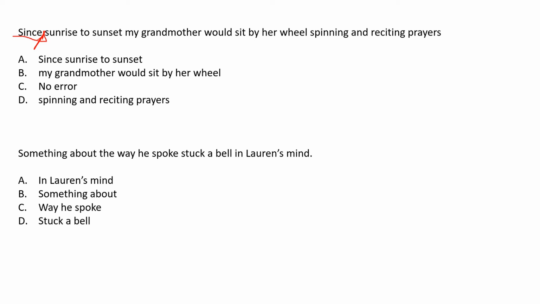So since sunrise to sunset, as of now nowhere can you see perfect continuous tense has been used. So instead of since, here it should be from sunrise to sunset, then it would be grammatically correct. So the sentence should be: from sunrise to sunset, my grandmother would sit by her wheel spinning and reciting prayers.